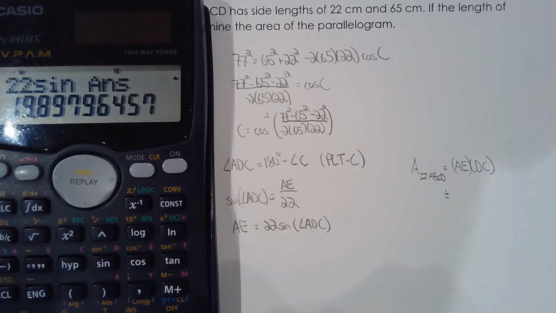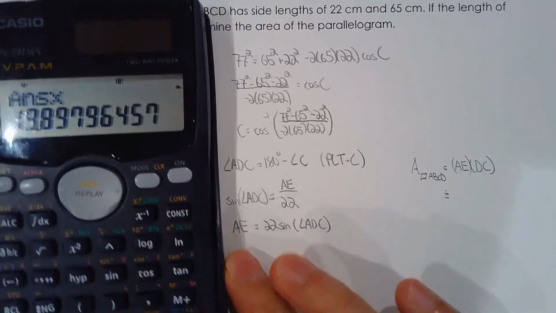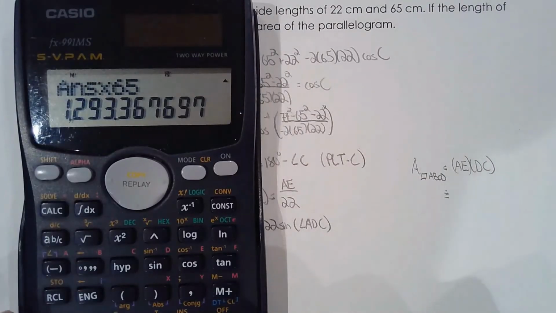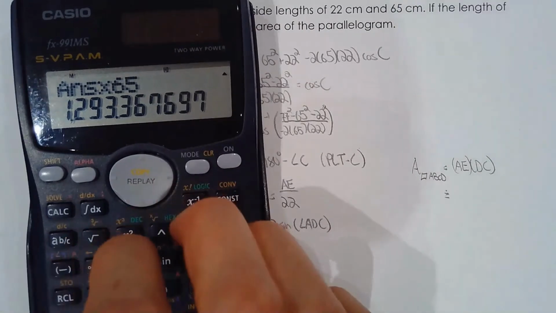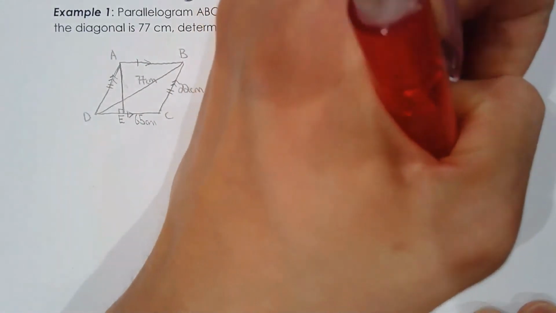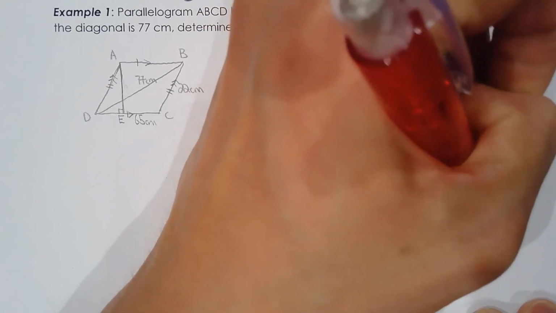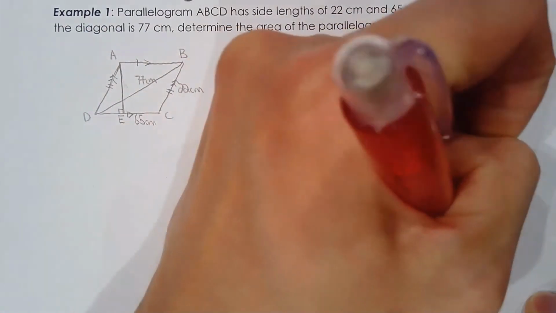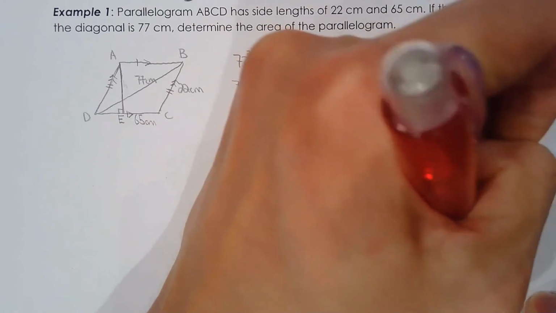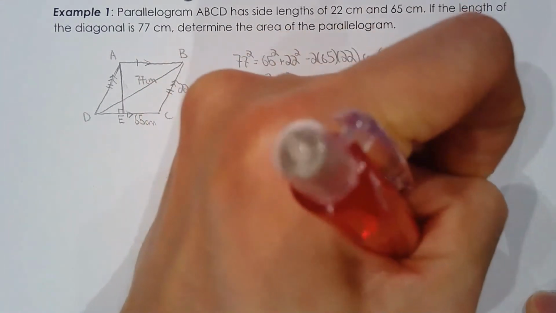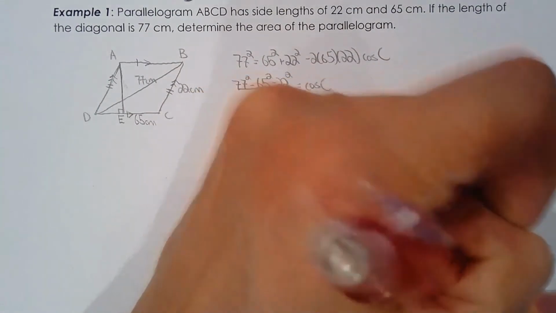And then take that and multiply by DC, which is 65. 1,293.4, let's say. So therefore, the area of parallelogram ABCD is approximately 1,293.4 square centimeters.